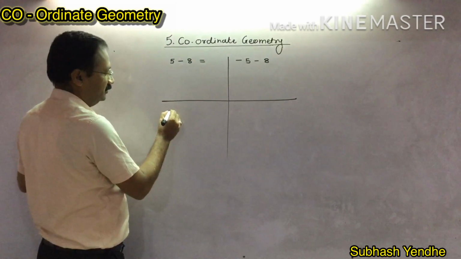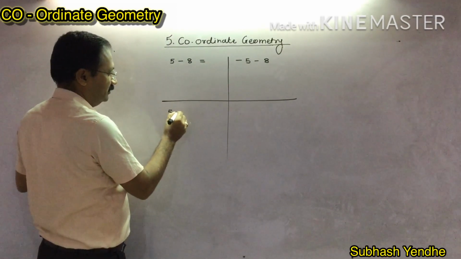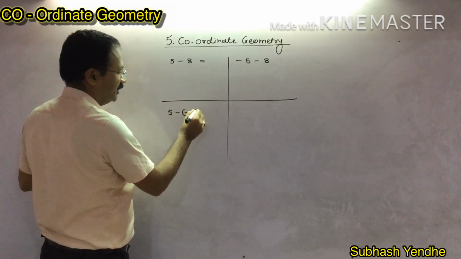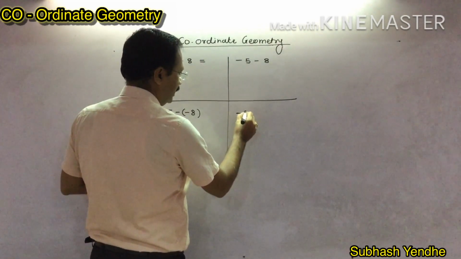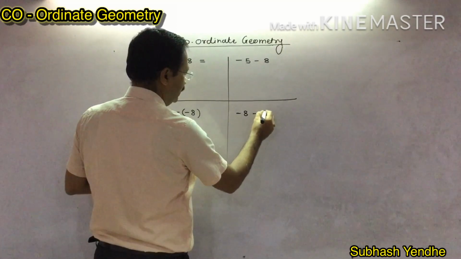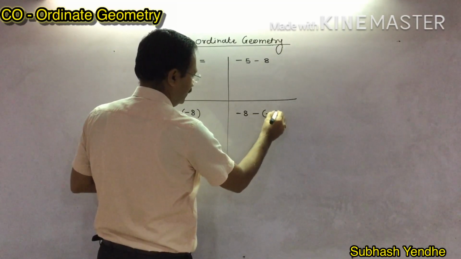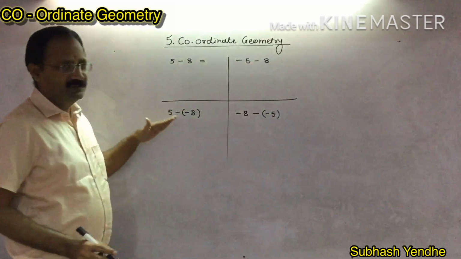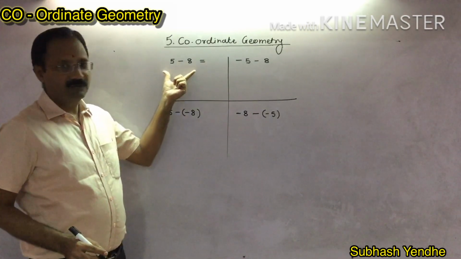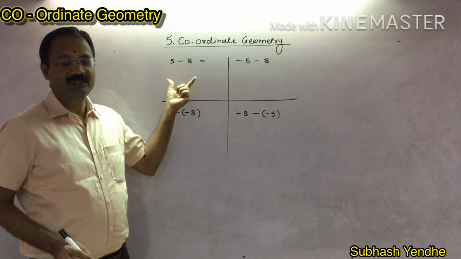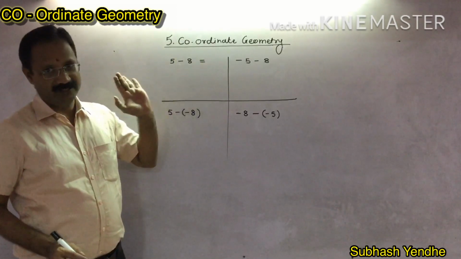Then the third one, 5 minus 8. Then minus 8 minus 5. So these are the 4 types. Here we are going to study about addition and subtraction.